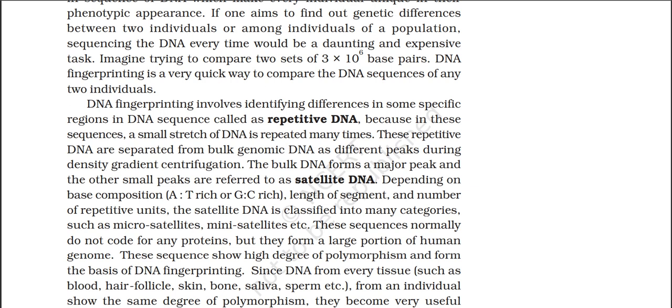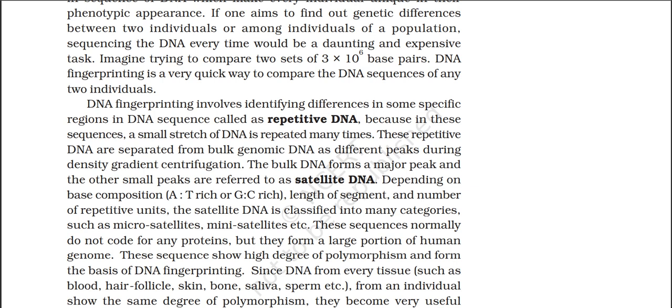Depending on base composition (A, T-rich or G, C-rich), length of segment, and number of repetitive units, the satellite DNA is classified into many categories, such as microsatellites, minisatellites, etc. These sequences normally do not code for any proteins, but they form a large portion of the human genome. These sequences show a high degree of polymorphism and form the basis of DNA fingerprinting.